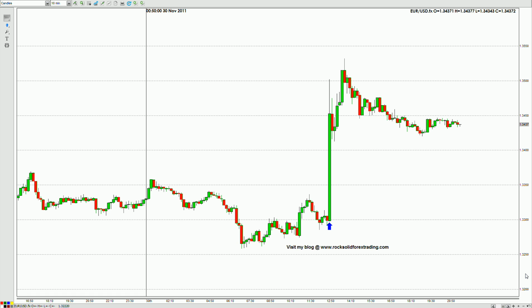Certainly huge multinational companies, large institutions, investment banking houses can hold positions and overcome these dramatic 200 and 300 pip swings that we see, where price moves in one direction for a couple of hours and then immediately moves in the next direction for a couple of hours. But for the solo individual trader to be able to hang on to positions for extended periods of time, the size of stop that they would have to work off of to follow good sound money management principles is typically just too large for the average individual trader.